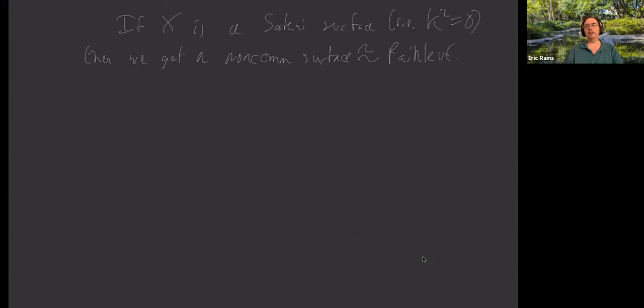And this family of non-commutative surfaces is a 2-parameter deformation of a rational elliptic surface.